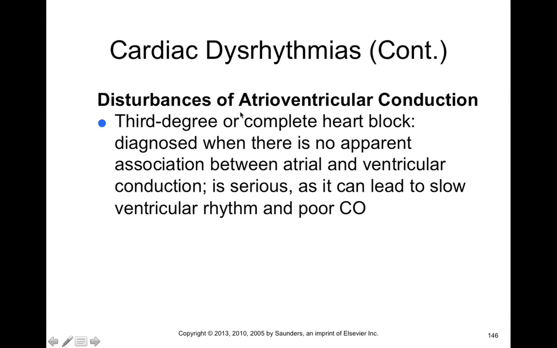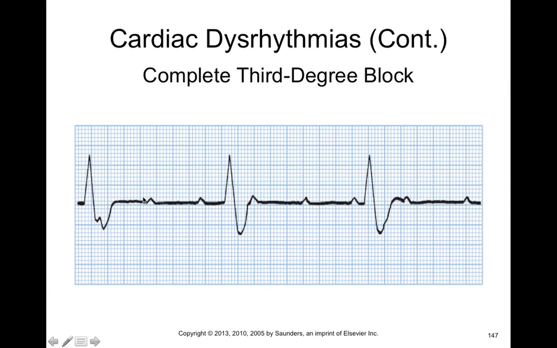So with a complete disturbance of atrioventricular conduction, we call this third degree or complete heart block. And it's diagnosed when there's no apparent association between the atria and ventricle activities. And it's more serious because it can lead to slow ventricular rhythm and poor cardiac output. So when you have these P waves that are non-conducted, that looks similar to type 1 or type 2 blocks. But then we also get these QRS waves that look sort of more bizarre.